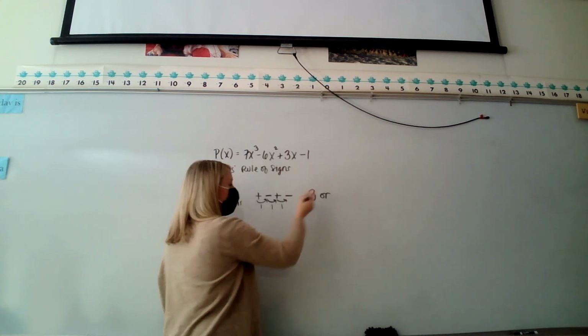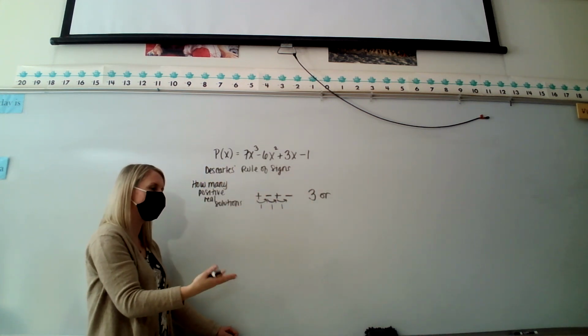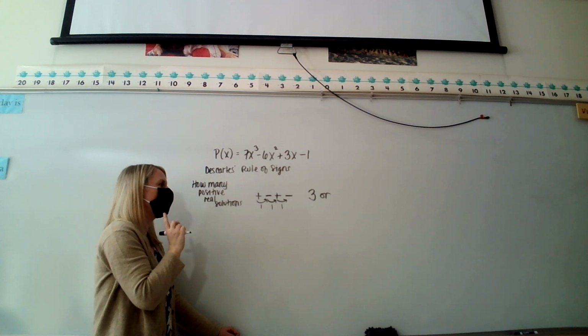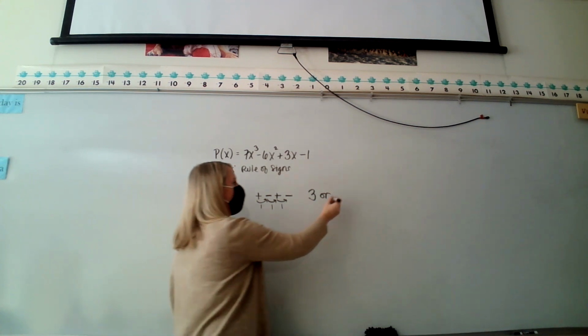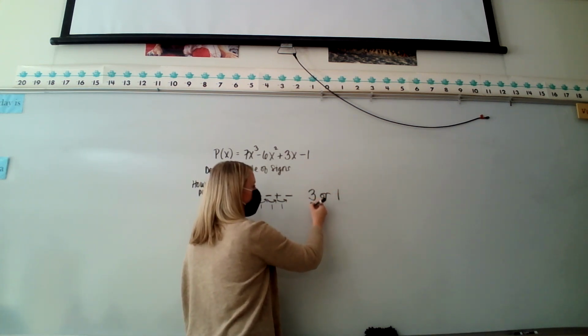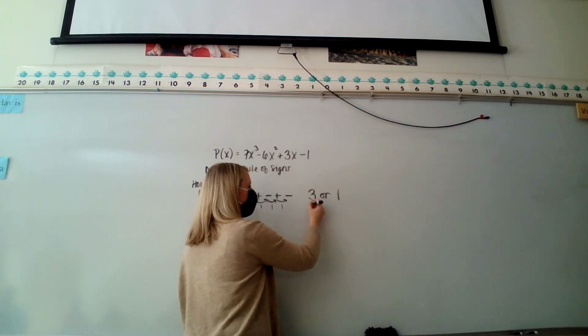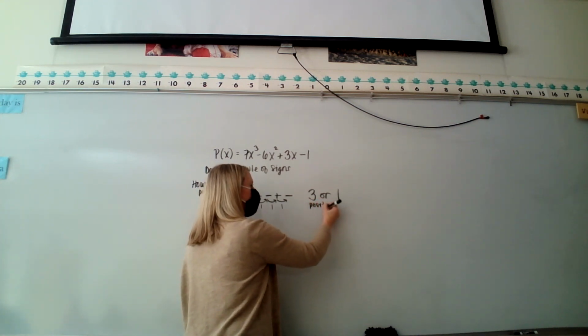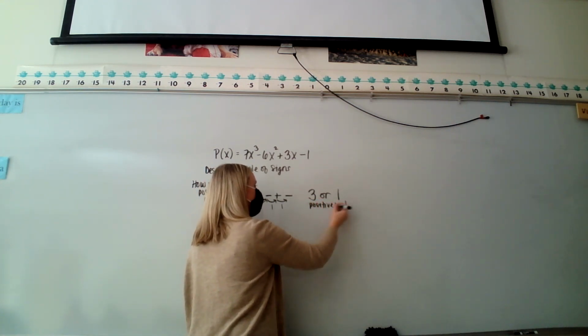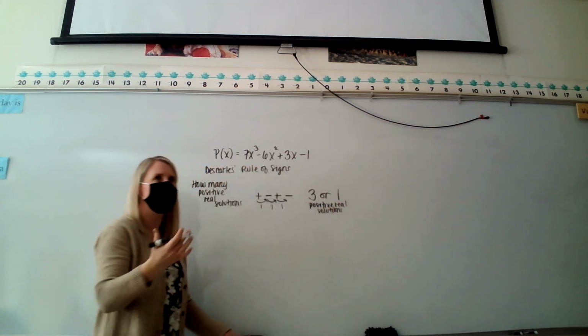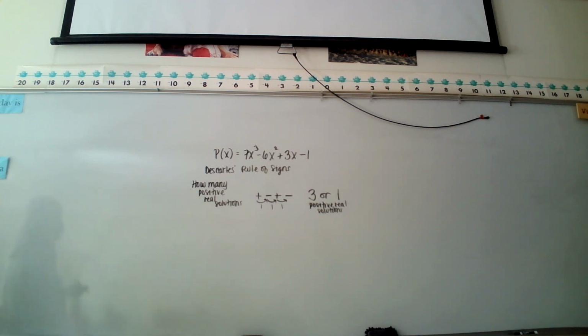Or you can always subtract an even number off until you get down to where you can't anymore. So if I subtract 2 off of that, or 1 positive real solutions. So if the answer was 7, you would write 7 or 5 or 3 or 1. If the answer was 4, you would write 4 or 2 or 0.